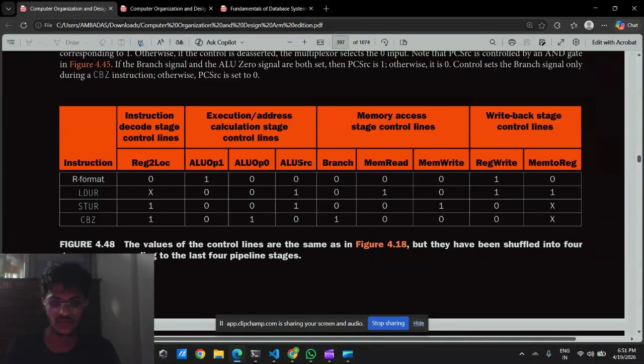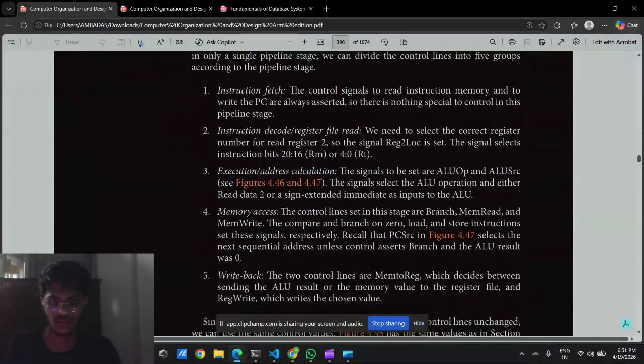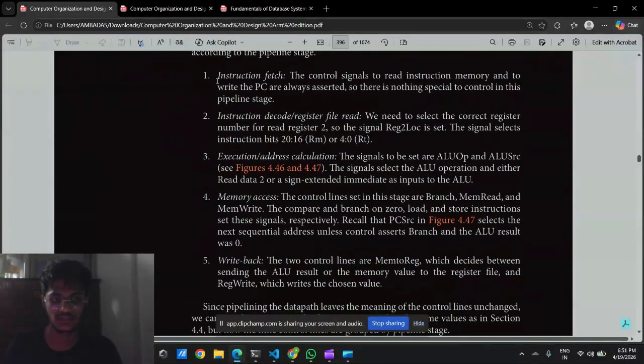So here are the control lines, and they have divided the control lines into these five subcategories.